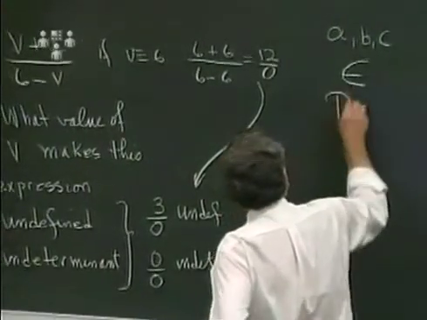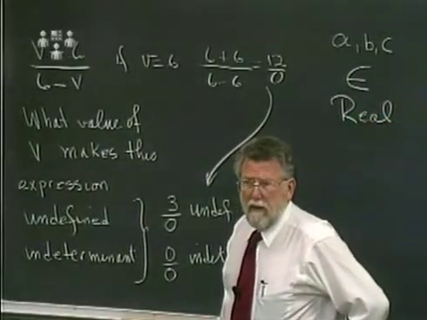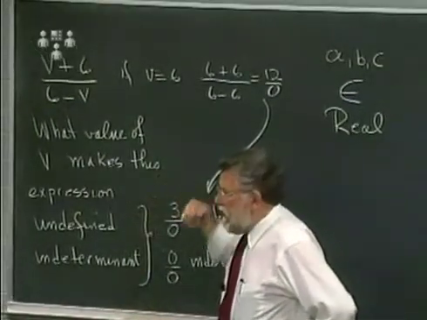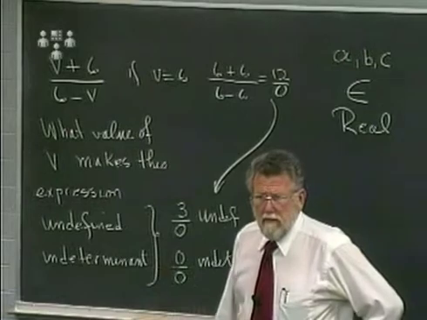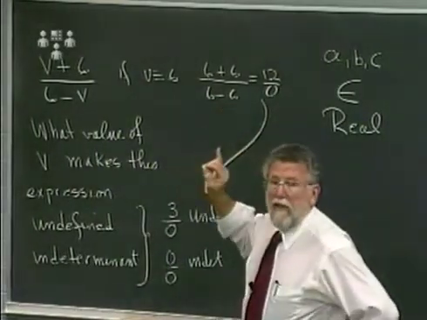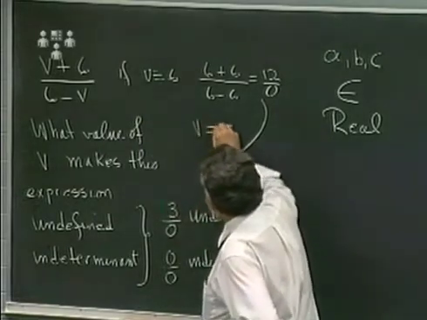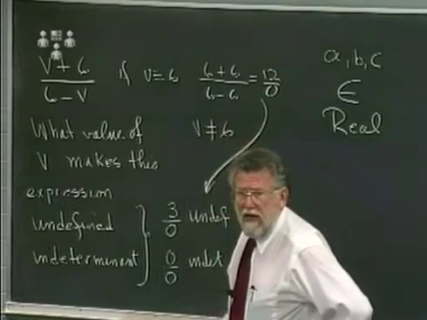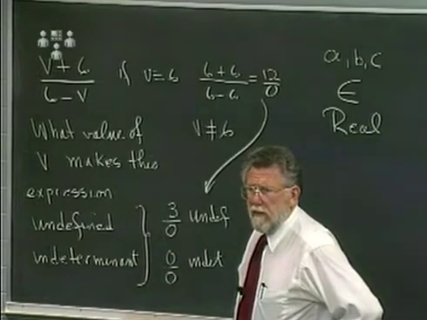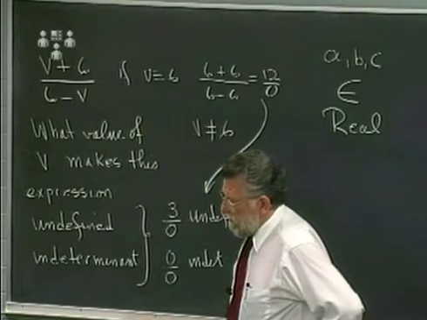And the club is the reals, the real number system. Now I'm saying a and b can be any number. In this problem, I'm restricting the values for b. I'm saying b cannot equal 6. If b equals 6, you've got a problem. So we've restricted the variable.